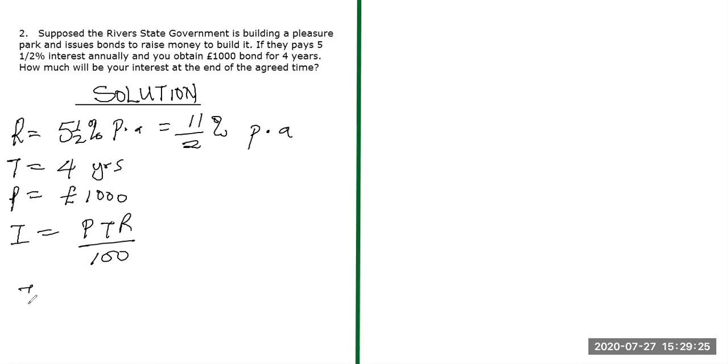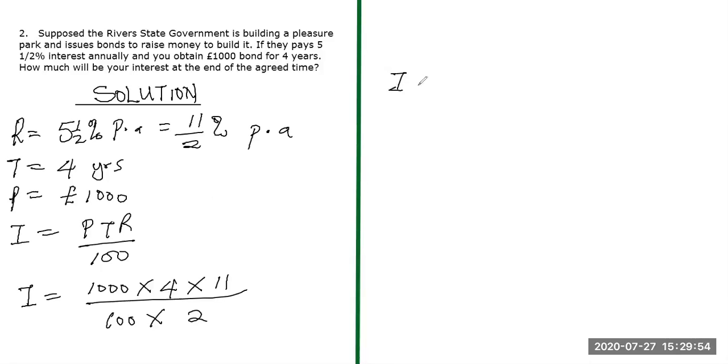So our interest is 1,000 pounds multiplied by 4, multiplied by rate 11 over 2, over 100 multiplied by 2. So the 2 will come down from the 11 over 2. And when we simplify, we have 1,000 times 44, divided by 200. We have 220 pounds.